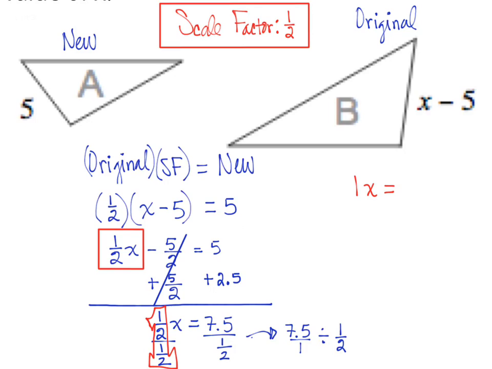This turns into 7.5 over 1, that doesn't change, times, we turn it into a multiplication problem, and then we're going to use the reciprocal of 1/2, which is 2 over 1. And that's equal to, let's see, 7.5 times 2, that's 15. 1 times 1 is 1. So we get 15 over 1, which is essentially 15.